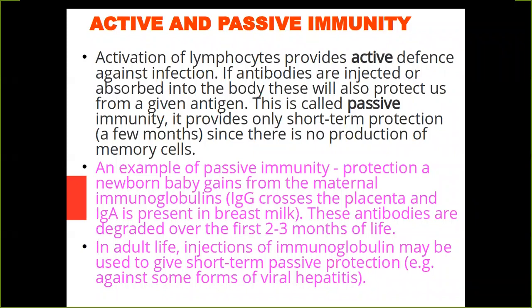But this passive immunity does not last a very long period of time. After several months, these immunoglobulins are destroyed and immune response decreases. Passive immunity, for example, takes place in newborns when a baby receives immunoglobulins from mother's blood and especially from mother's milk, because in breast milk there are many immunoglobulins.